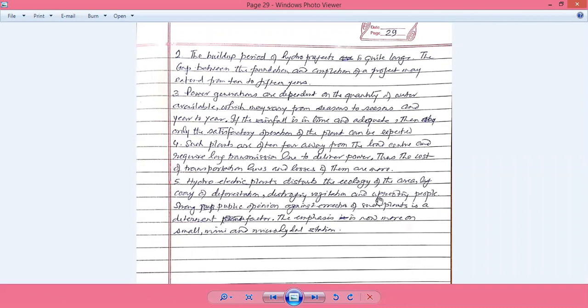All this triggers a lot of problems, a lot of expense, and a lot of resentment among the people concerned. If the people being uprooted have no interest in the electricity, strong public opinion again becomes a deterrent factor. It can create a lot of problems in installation as well as in running.